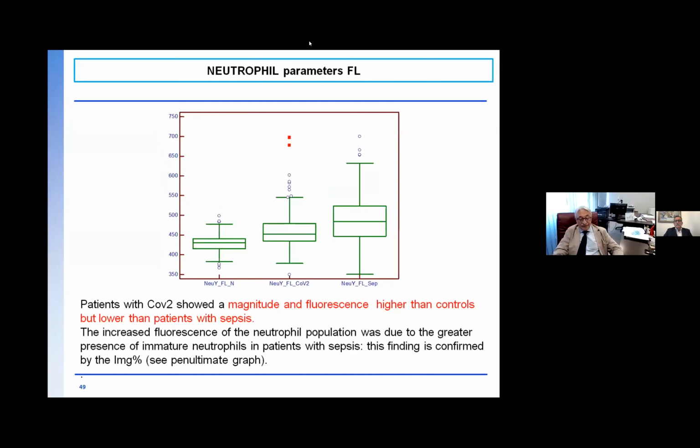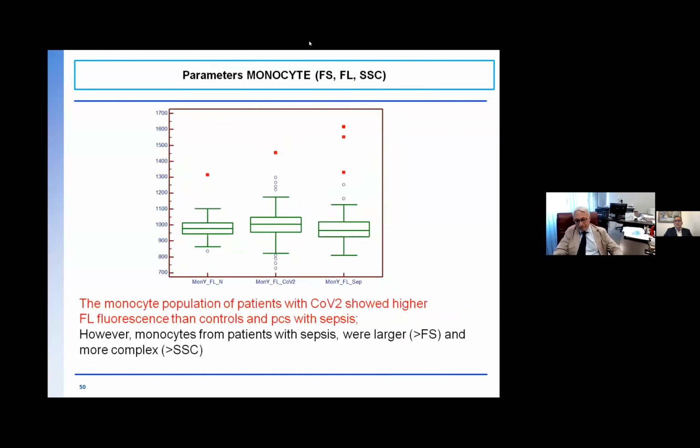And it goes without saying that the value is lower in the neutrophil parameters of patients with sepsis. The value is higher for sepsis patients. Again, the fluorescence in monocytes is higher, not just as against the healthy population, but also as against subjects in sepsis. So the relevance of these positional parameters holds true in the assessment of patients affected by COVID-19.